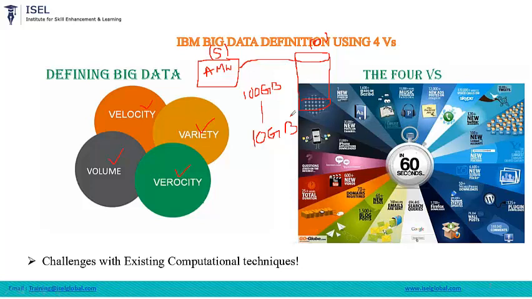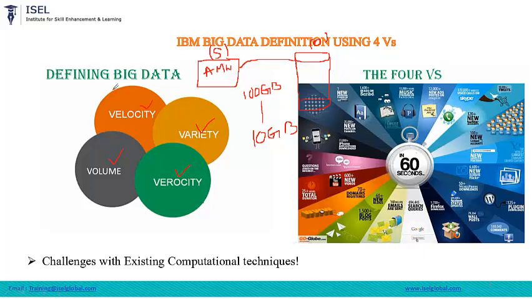So now, if your data set has these characteristics: high in volume, high in velocity, high in variety, and high in veracity, that time we will be calling the data set big data. This definition is given by IBM. Very important thing.